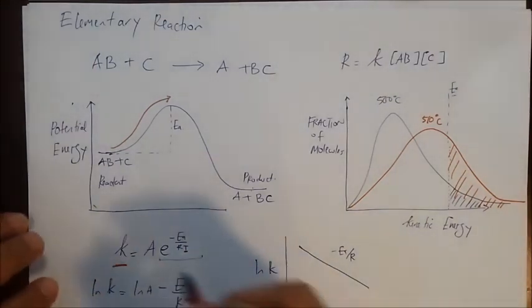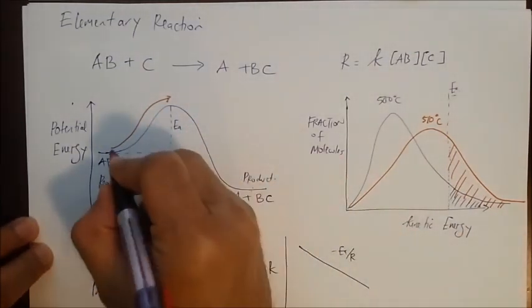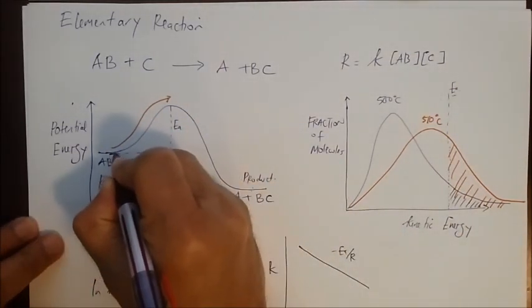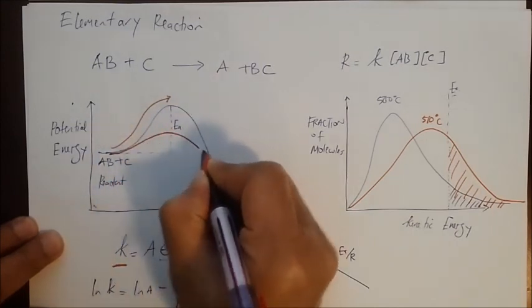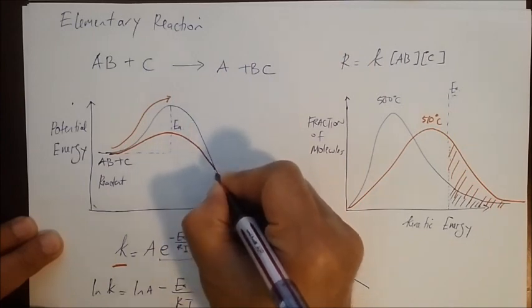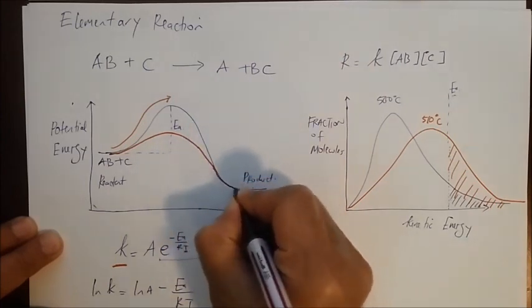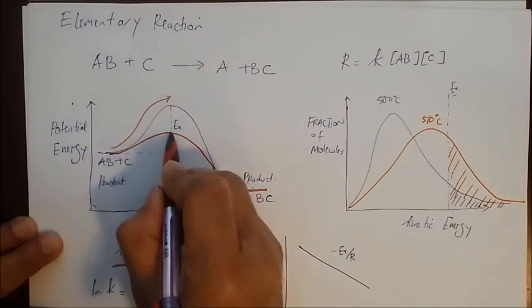Okay. Right. So let's say the reaction is catalyzed to have a smaller activation energy. Let's say now there is another pathway where you use a catalyst, and the activation energy is lower.